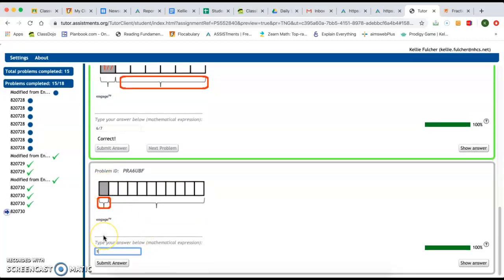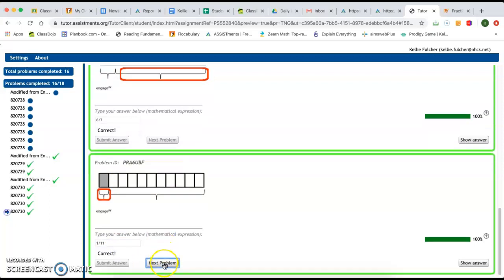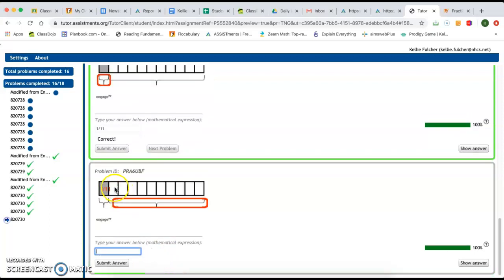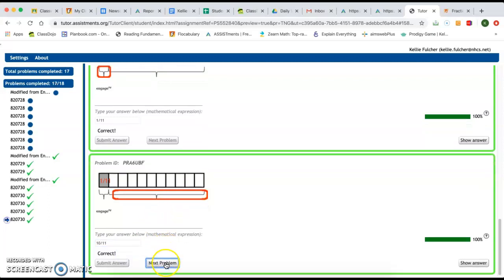Here we have 1 piece shaded out of 1, 2, 3, 4, 5, 6, 7, 8, 9, 10, 11. So 1/11 is shaded. And 1, 2, 3, 4, 5, 6, 7, 8, 9, 10 pieces are unshaded out of the total of 11. So 10/11 are unshaded.